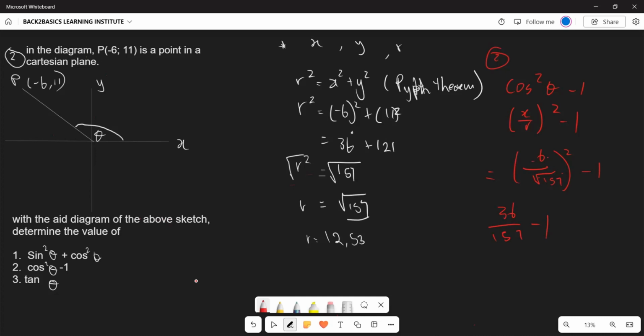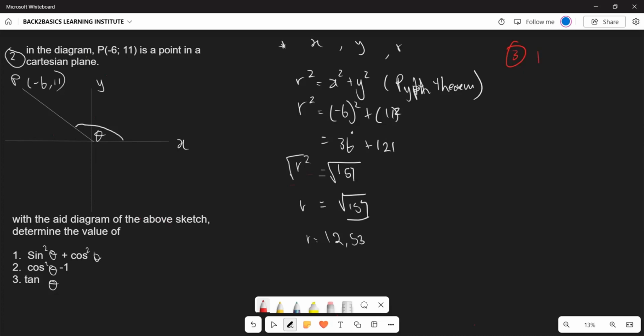What are you going to get there? This is going to be the same as negative 121 over 157 altogether. So the value for number 2 is negative 121 over 157.